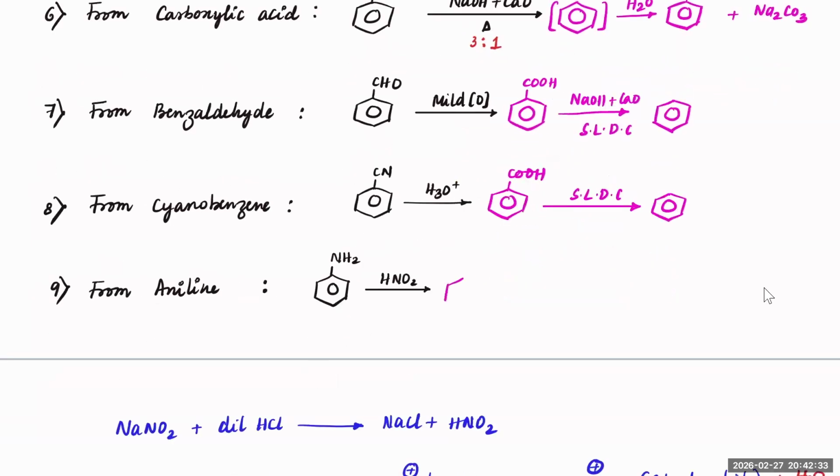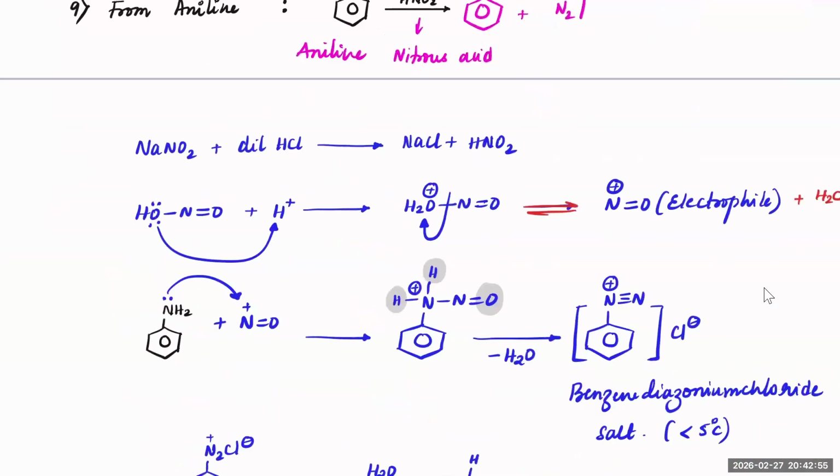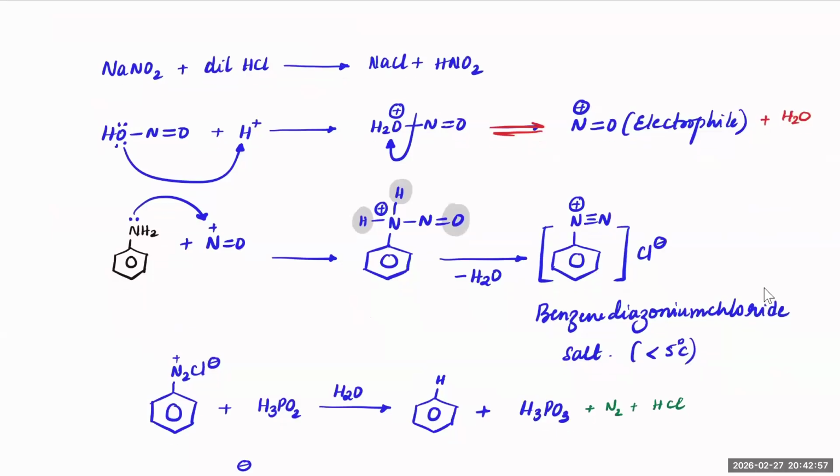Next, aniline. This is aniline. When you treat aniline with HNO2, nitrous acid, it will convert itself, with H here and N2 gas released. Basically, it forms something called a diazonium salt. You can see the mechanism here. HNO2 is an unstable acid. It is only prepared just before the reaction, because you cannot keep it for a long time.